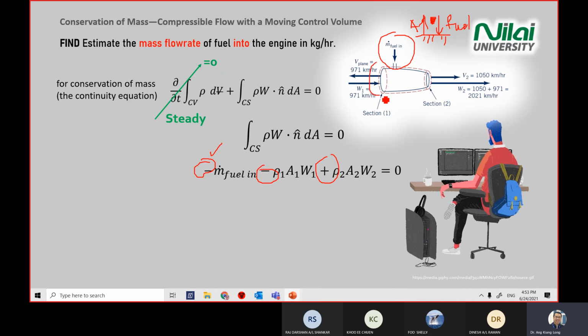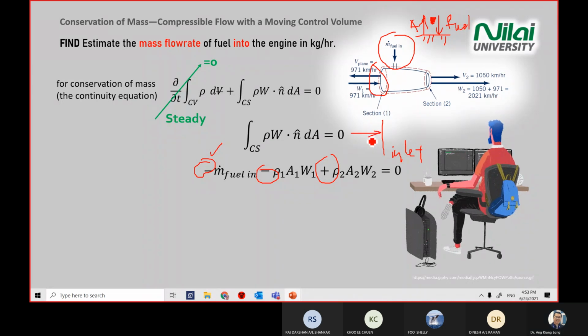Then look at here, inlet. You draw an inlet, and you sketch it by the side of your answer. You write inlet there. So the velocity is going in. Don't confuse it with the V plane.